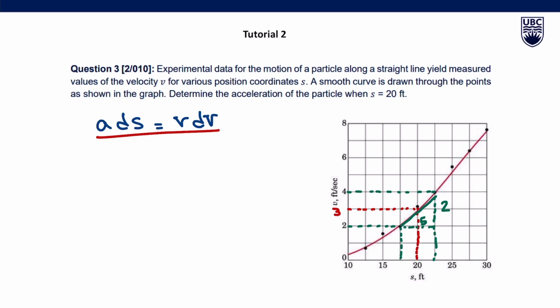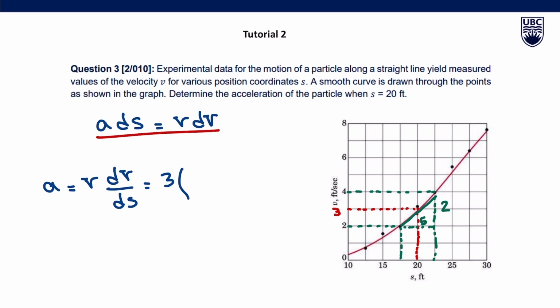So using this equation, we can write A equals V times dV over ds. dV over ds is simply the slope that we have in the graph, and V is the velocity, and at 20 feet the velocity according to the graph is 3.